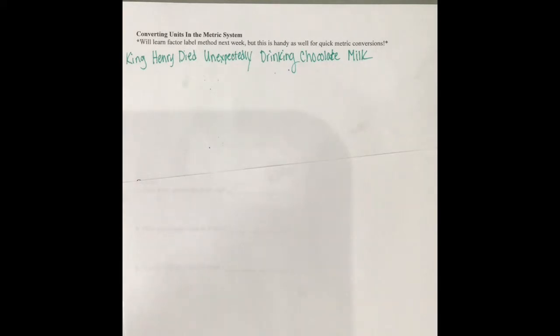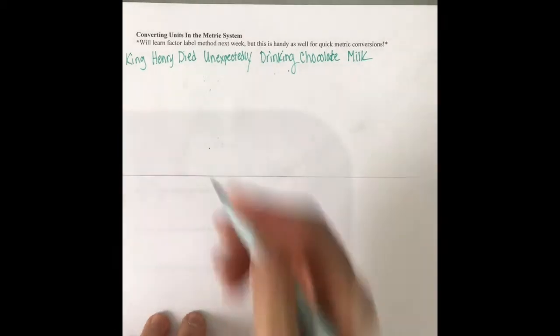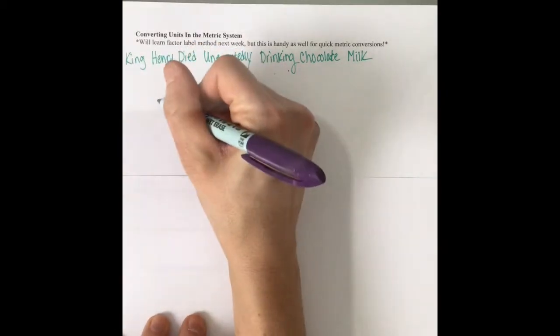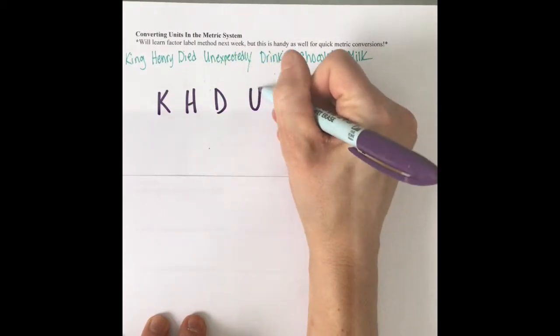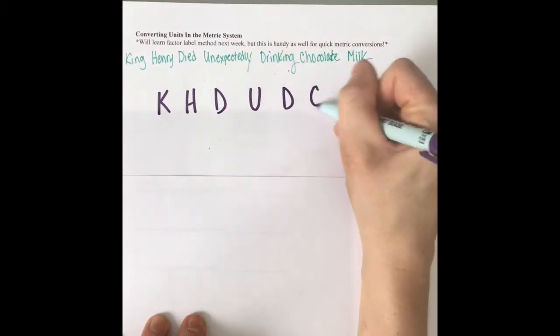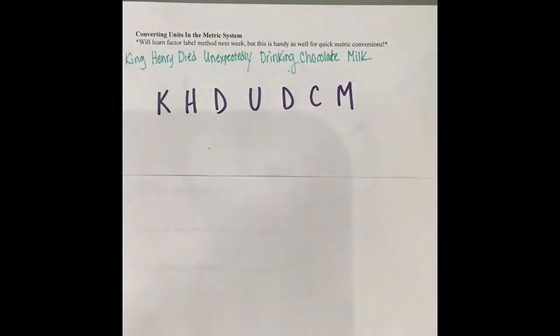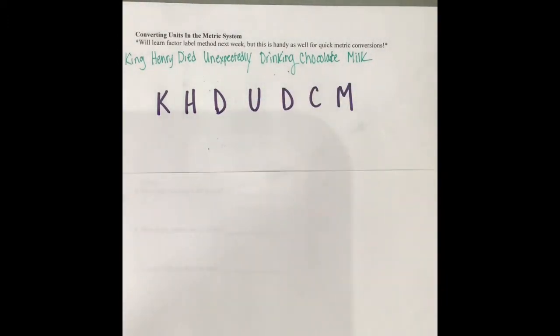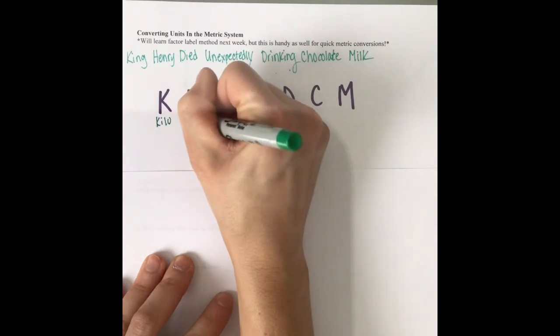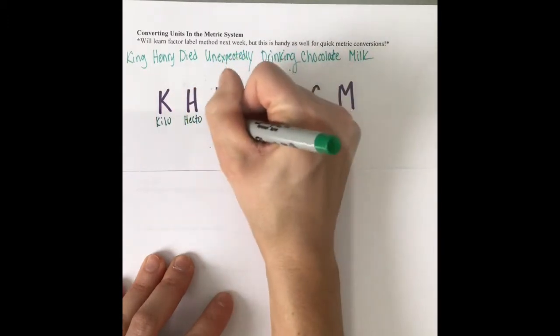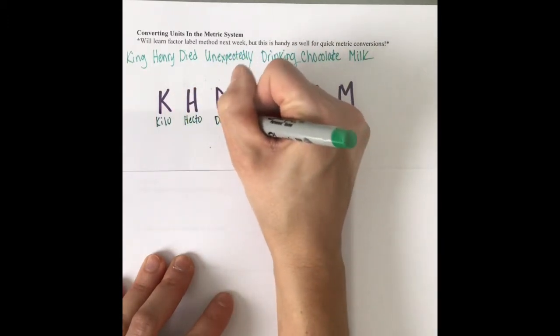Now, what's cool about this saying is if you can remember it in your head, when you're trying to convert units, the first letters, King Henry died unexpectedly drinking chocolate milk, line up with the prefixes in the metric system. K stands for kilo, hecto, deca.